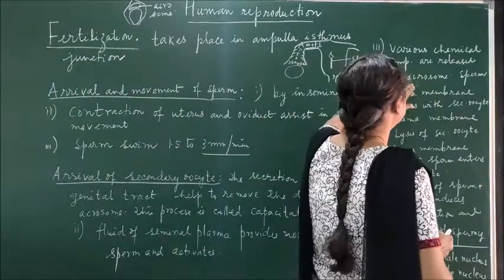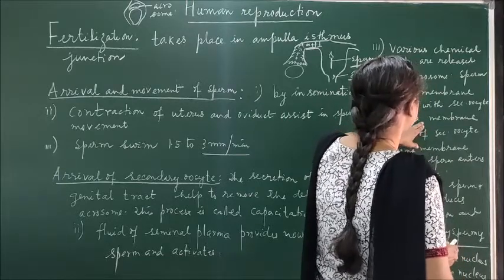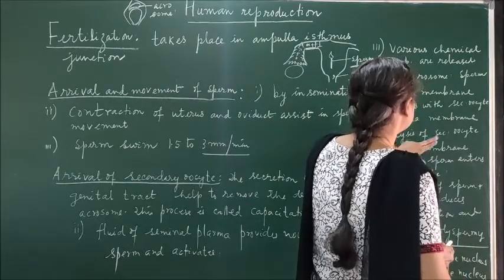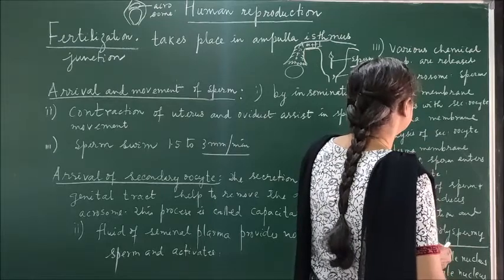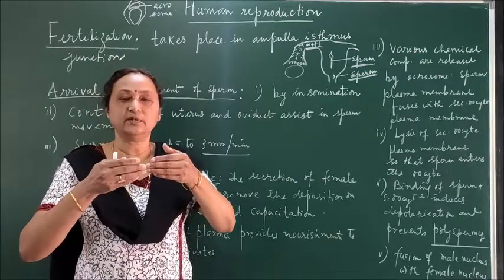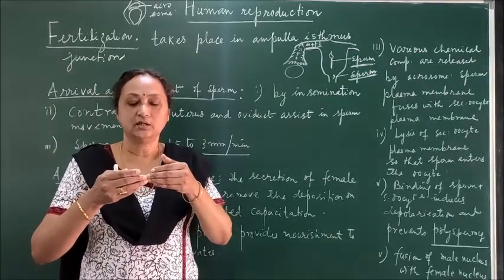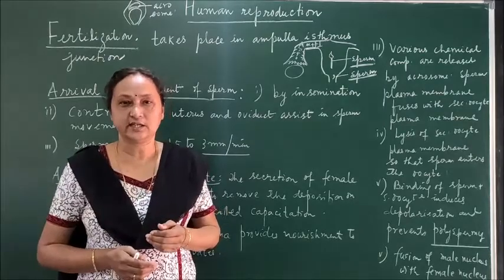Various chemical compounds are released by the acrosome. The sperm plasma membrane fuses with the secondary oocyte plasma membrane, and lysis of the secondary oocyte plasma membrane occurs so that the sperm enters the oocyte. So when the sperm and the egg come in contact with each other, then the acrosome which is broken can release many hydrolytic enzymes.